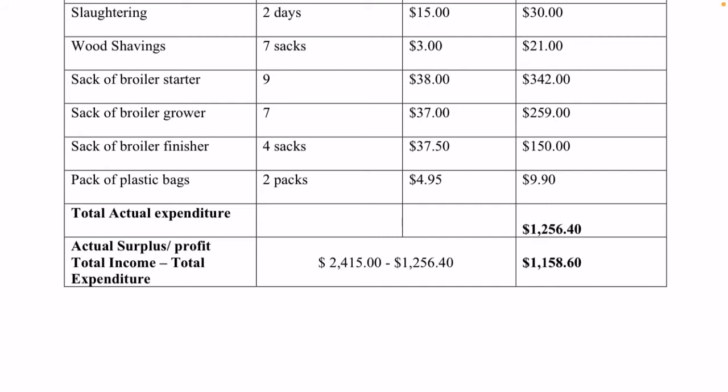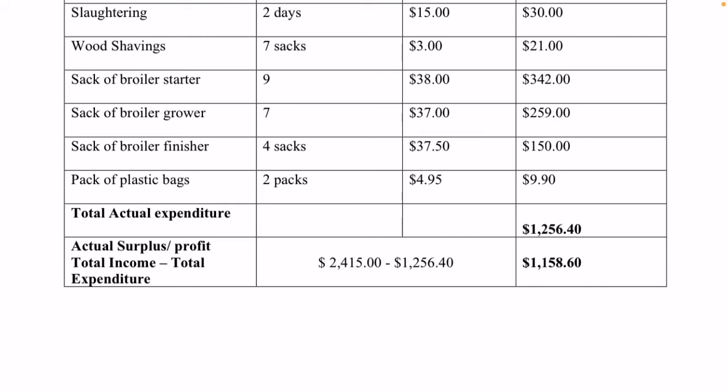Similarly, the actual surplus is calculated by the same formula: total income minus total expenditure. And here we have an actual surplus of $1,158.60.